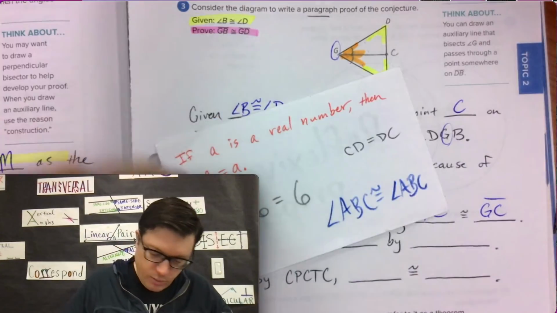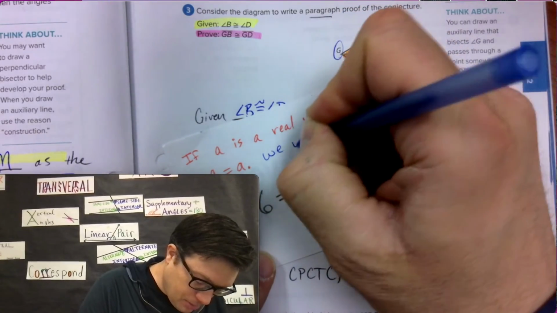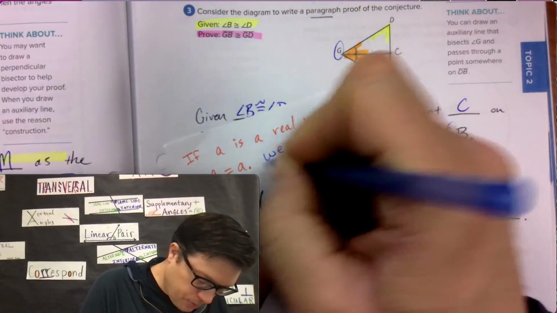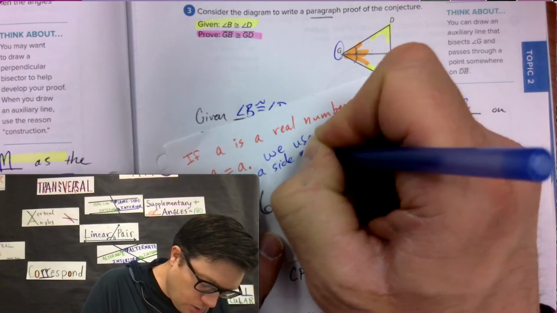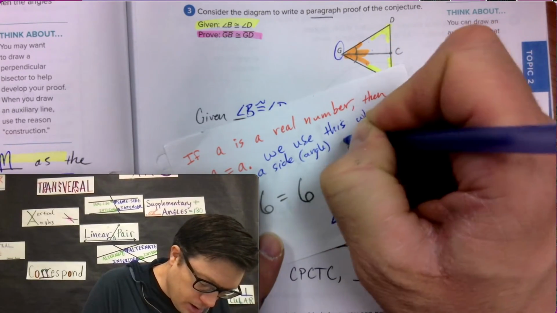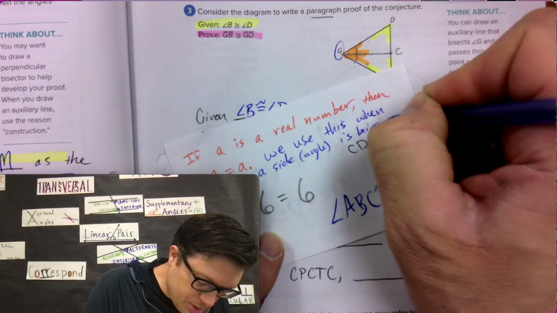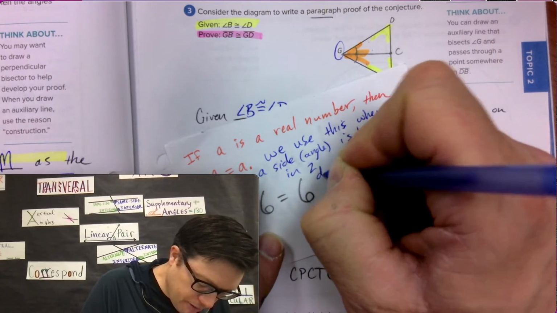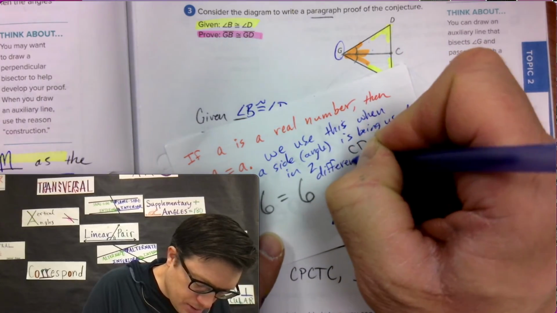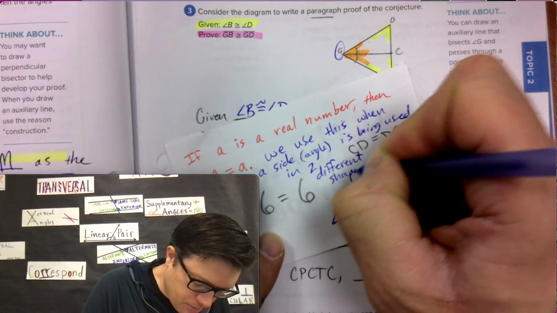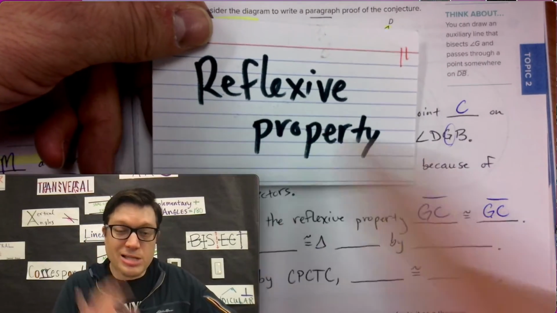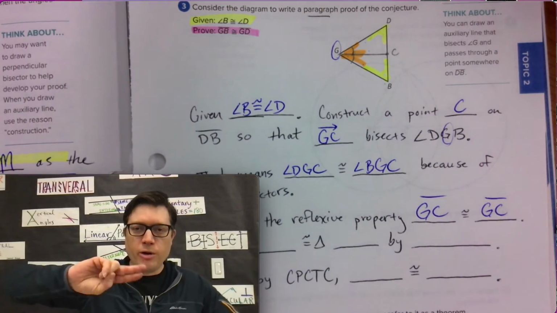In fact, I need to say that we use this when a side or angle is being used in two different shapes. That's also a look for with the reflexive property. We're using the same line, but it's being used in two different shapes.